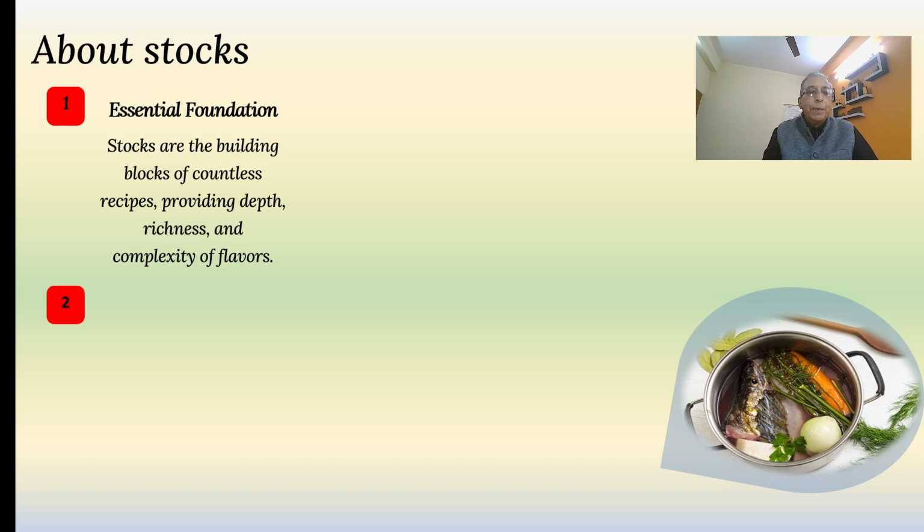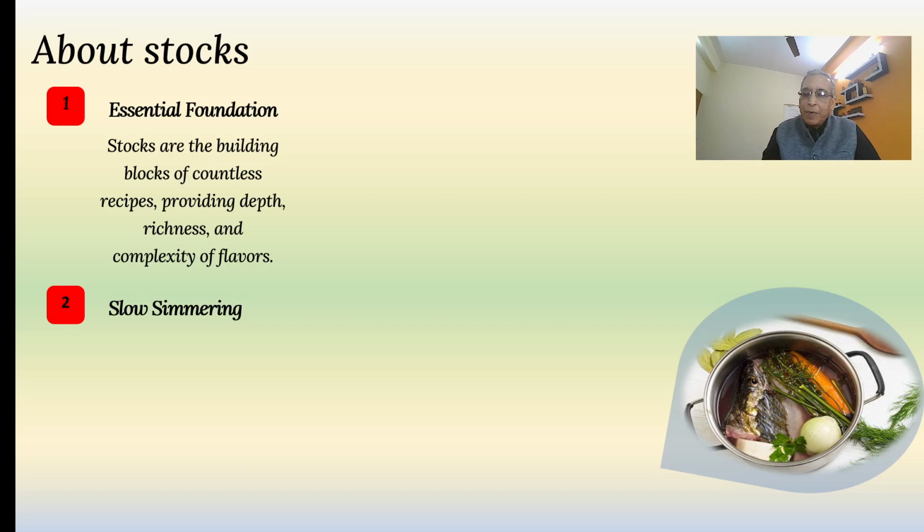Second point, how it is made. The method is very simple: a slow simmering process. Simmering, all of you know, is below boiling point. Few bubbles will be visible. Slowly it will be cooked below boiling point, that is 100 degrees Celsius, for a prolonged period of time.